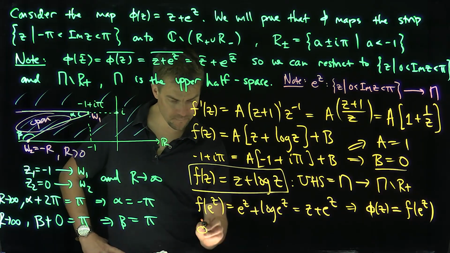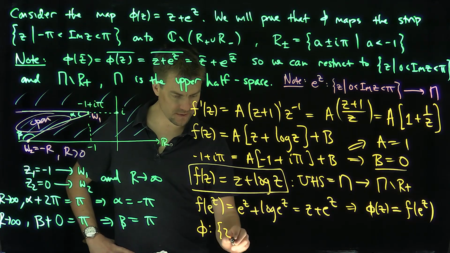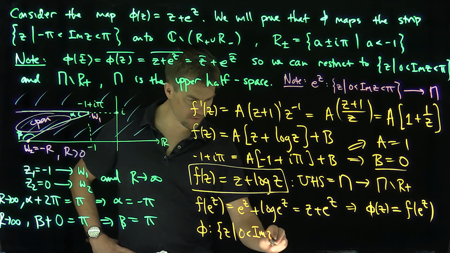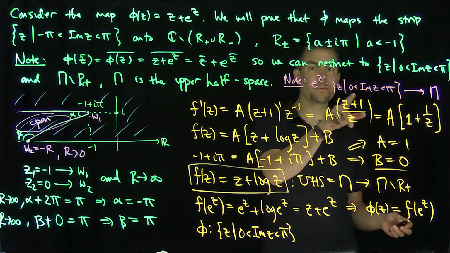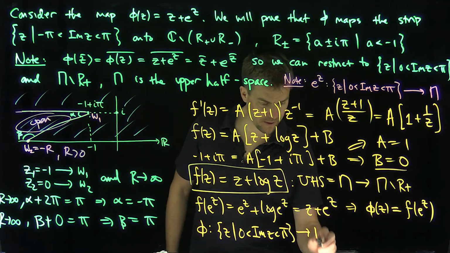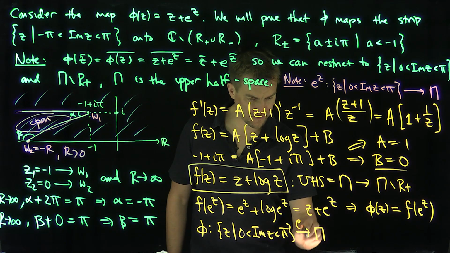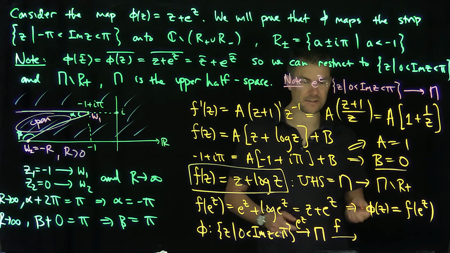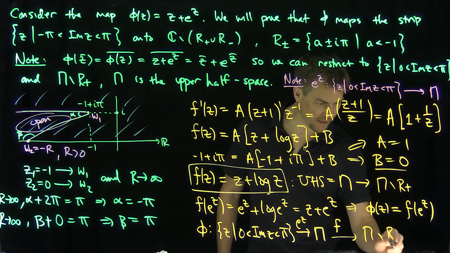If I plug in the strip, 0 less than imaginary part of z less than pi, where does e to the z take that strip? e to the z takes that strip to the upper half space. Then where does f take the upper half space? f takes the upper half space onto pi minus r plus.